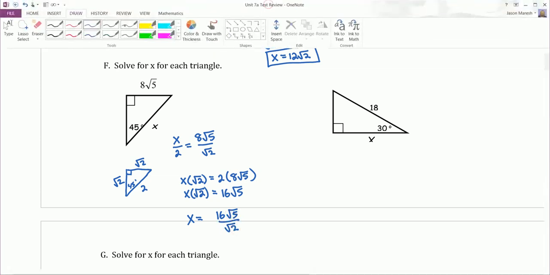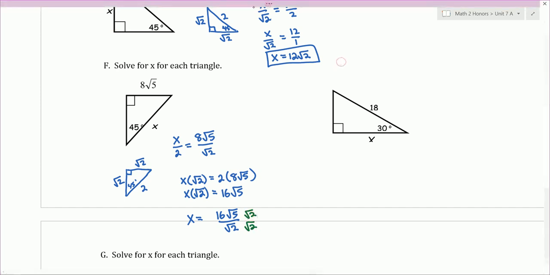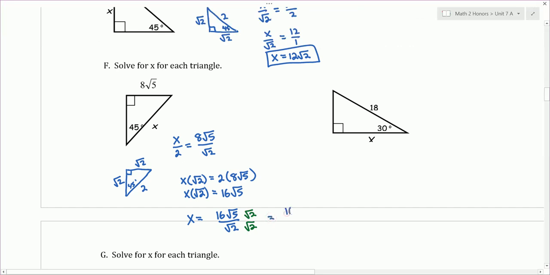Can't have a square root in the denominator, so we need to multiply top and bottom by square root 2. And so we end up with 16 times the square root of 10 over the square root of 4, or 2. 16 over 2 reduces to 8 root 10.